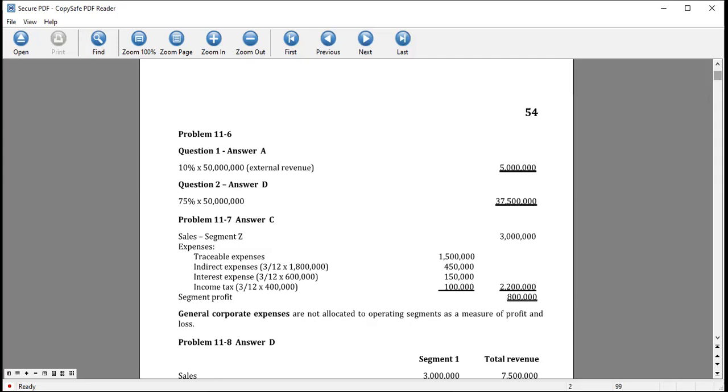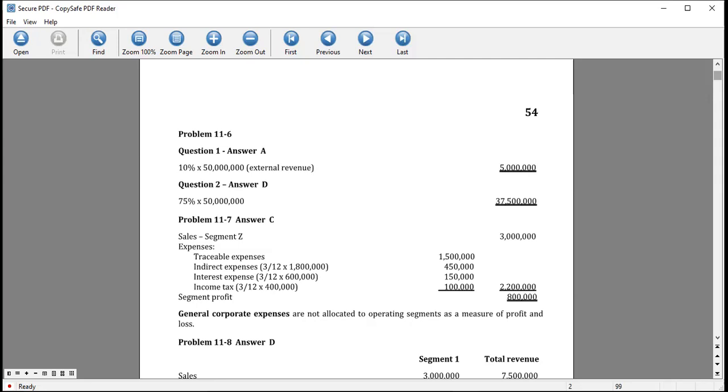Now, sales of segment C is 3 million. Then we deduct the expenses. Traceable is 1.5 million. Then we have the indirect expenses equal to 3 over 12 times 1.8 million.